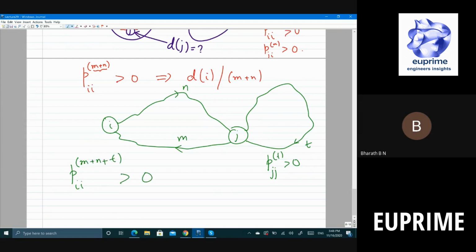I can go from I to J with non-zero probability in n steps, from J to J itself in t steps, and from J to I in m steps. So the probability of going from I to I in m plus n plus t steps is non-zero, because I can write it as a summation over all possible transitions, and one of the terms is this. This implies d of I divides m plus n plus t also.